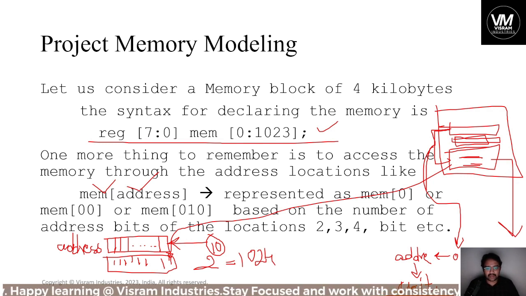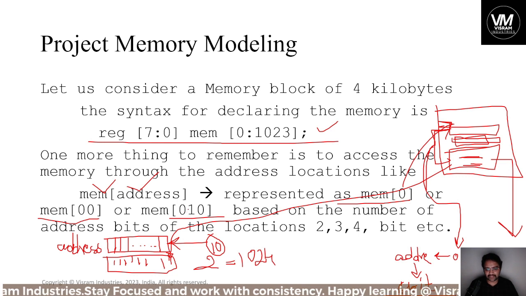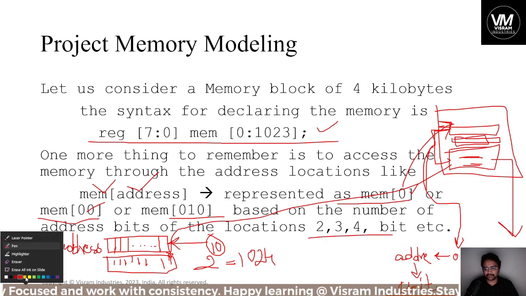Okay, it is represented as mem of 00, or mem of 010 if it is a 3-bit address, or a 2-bit address, or a 1-bit address, like I have said, locations of 2, 3, 4.